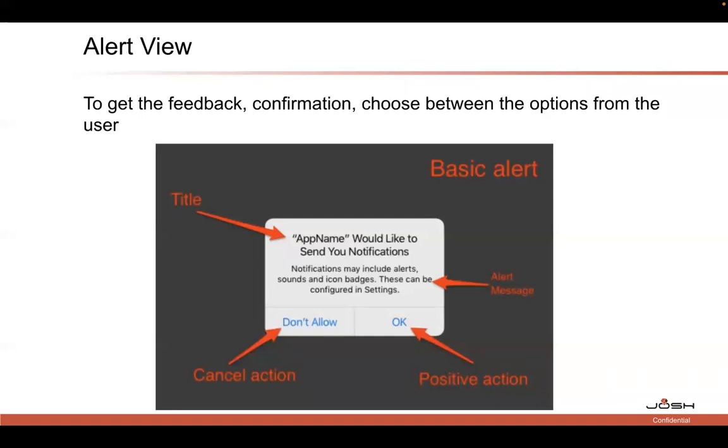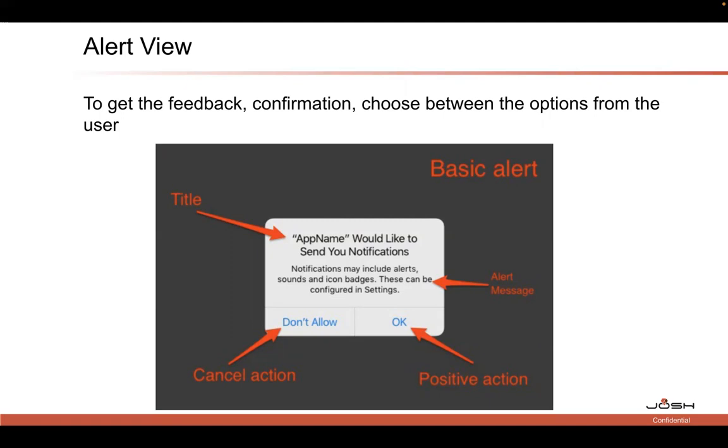So basically, UIAlertController is one of the most basic components of app development, because using the UIAlertController, we can get feedback, confirmation, or a choice between options from the user. So for that, we use alert view controller.